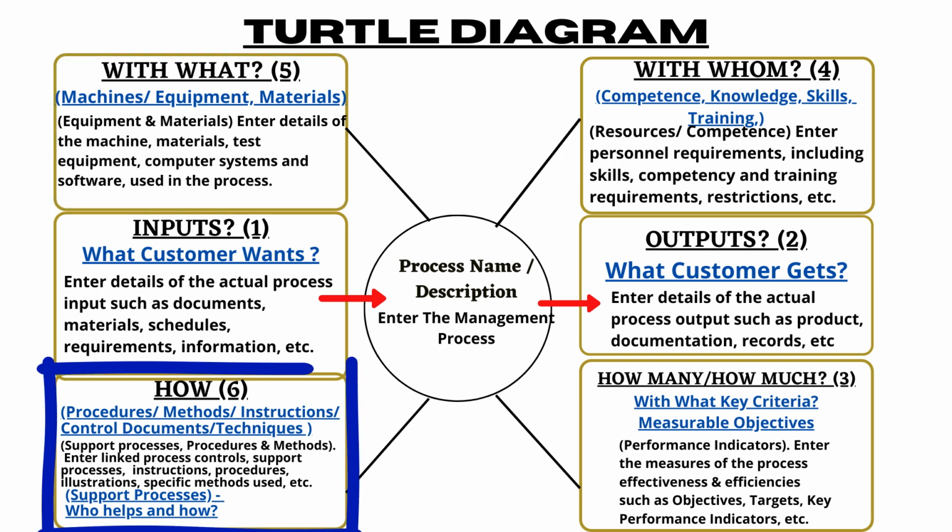How is the last element of a turtle diagram? It is for documents. Enter associated procedures, work instructions, standard requirements in this element. Each section describes a specific element of a process in the turtle diagram. Covering each section ensures a process approach in the organization, or in the audit, is followed.